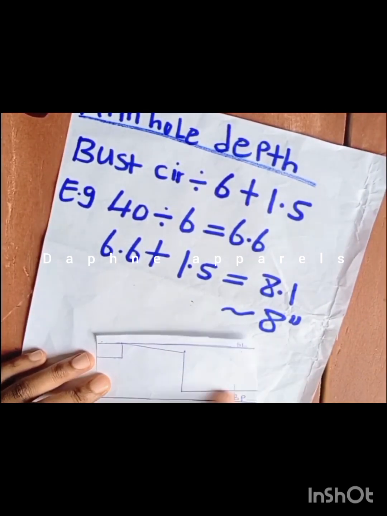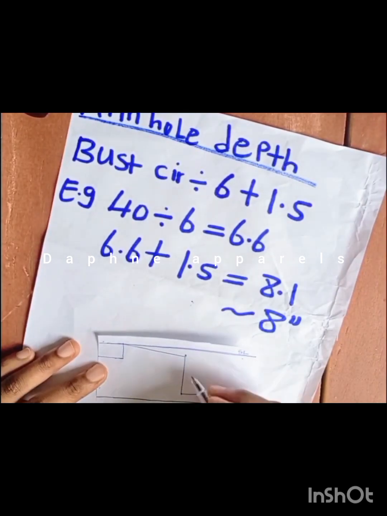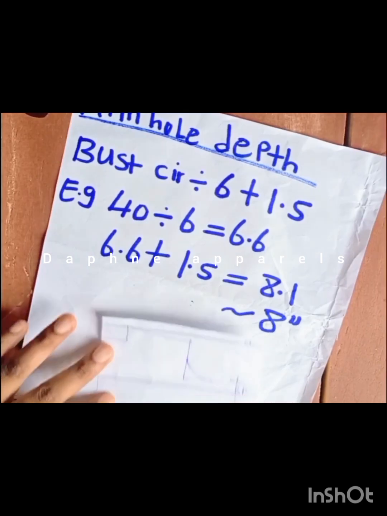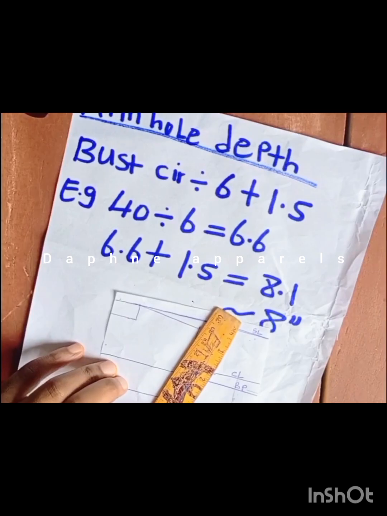And this armhole depth automatically serves as your chest line. Your chest line, that is where you input your bust circumference divided by 4 on the chest line. The armhole depth automatically serves as the chest line for this person and for everybody, right?